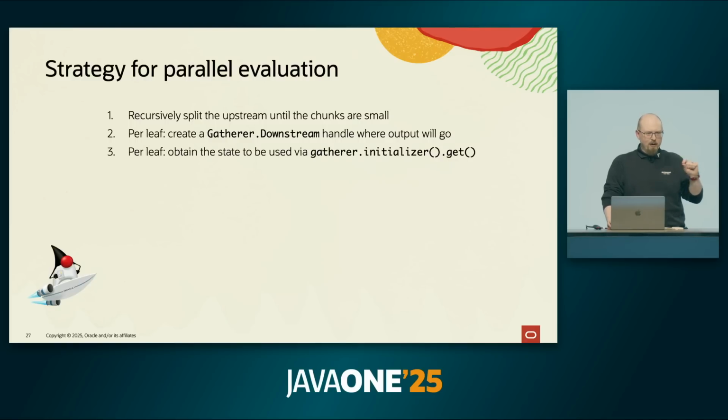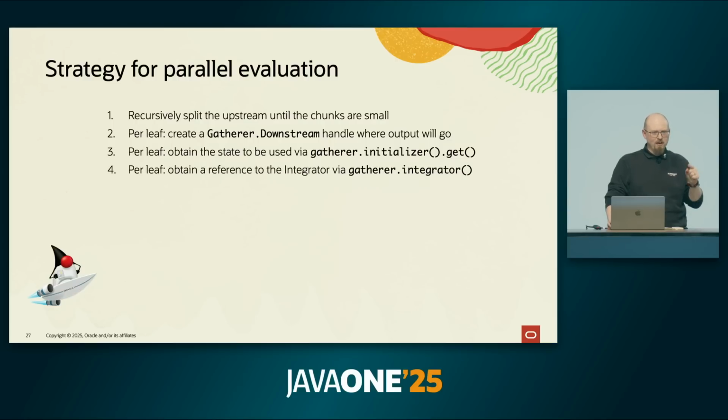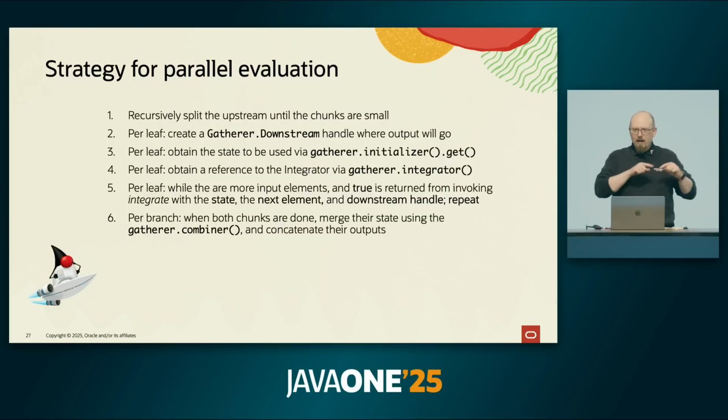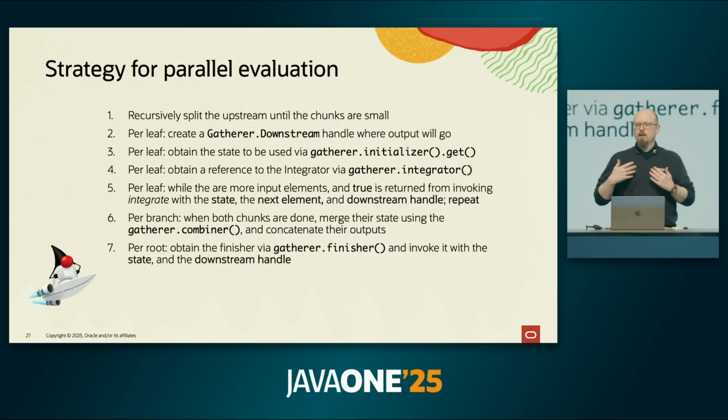And then for each of those, we also get the initializer state. So we create these small sequential evaluations at the leaf, and we just run those small sequential applications side by side, and then at the very end, we'll have to combine them all together in the tree until we get to the root of the tree. And once we get to the root of the tree, we can call the finisher once and once only for the end result, and then we're done.